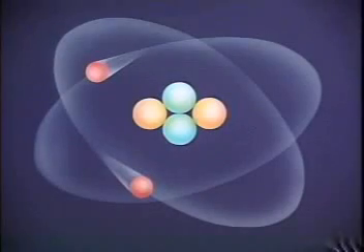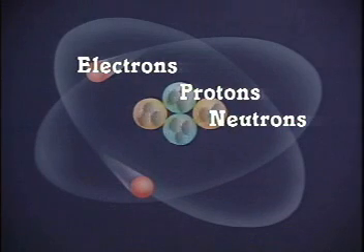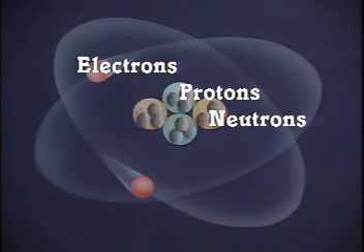We know, for example, that every bit of matter is made of tiny particles called atoms. These atoms are made up of still smaller particles we call electrons, protons, and neutrons. And these protons and neutrons, we now know, are made of even smaller particles called quarks.